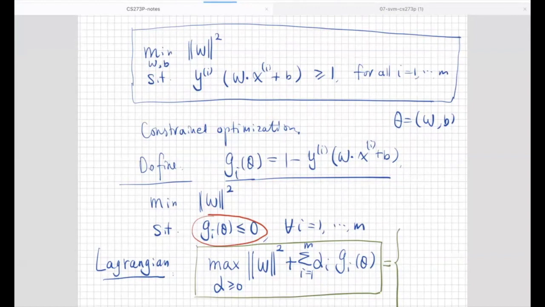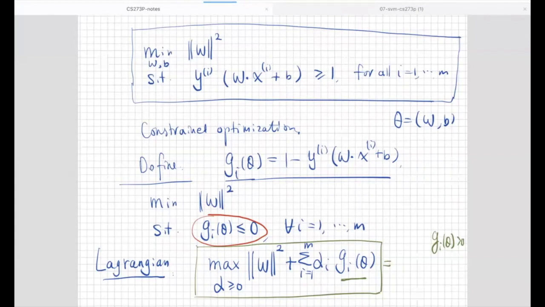What happens if g sub i of theta is greater than 0? If it's greater than 0, it's positive, right? Now if you're maximizing with respect to alpha, what will be the solution?